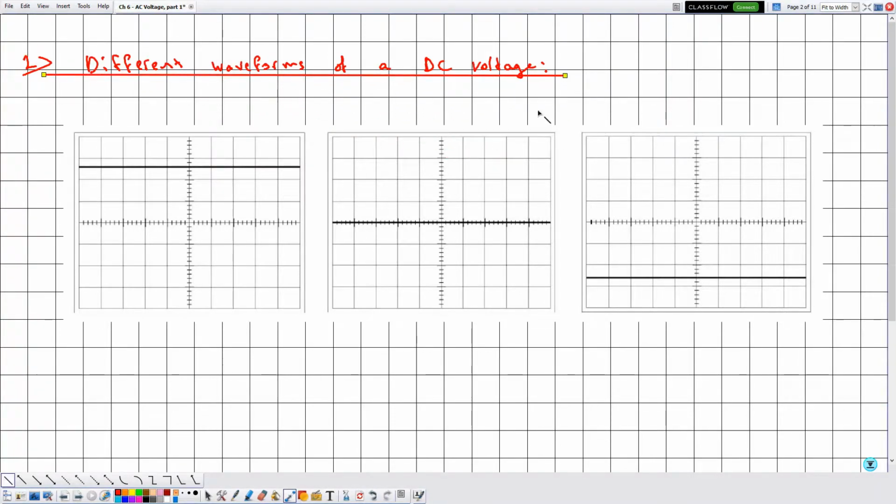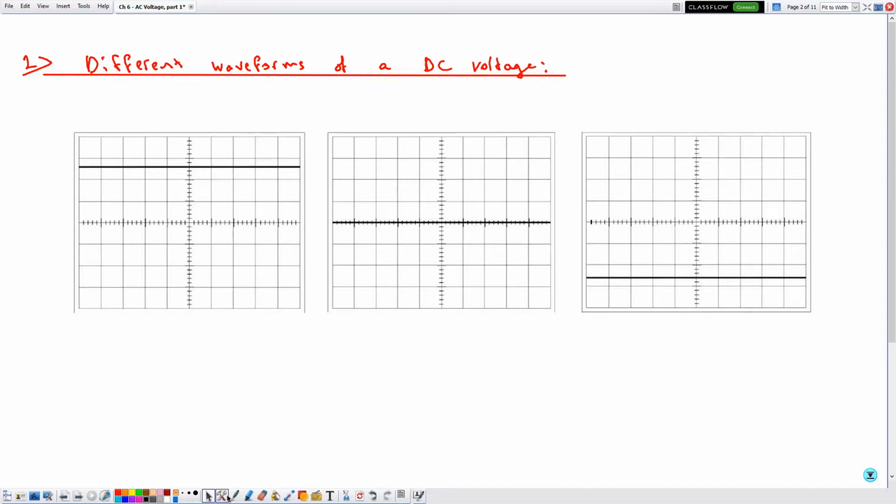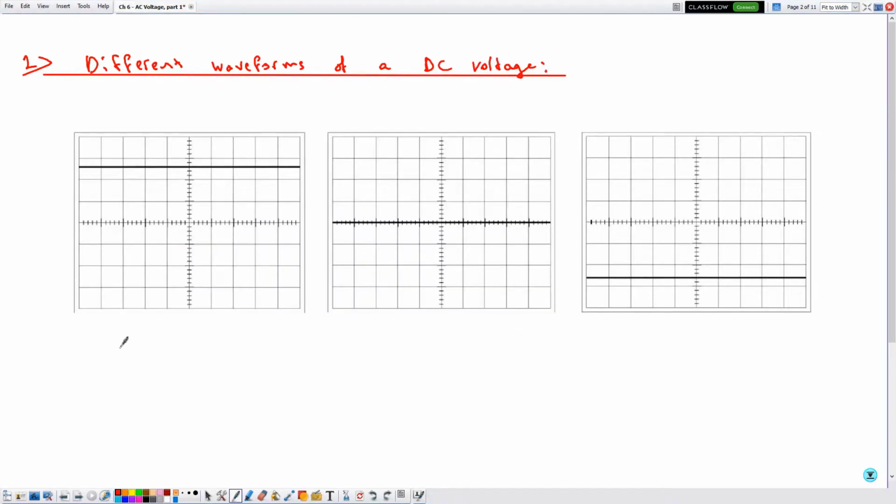Now, in chapter 3, we have also seen how an oscilloscope can visualize the voltage. Let's recall that this is the screen of the oscilloscope, and in this case, the luminous line is displaced upward, which means that it's measuring a positive DC voltage.